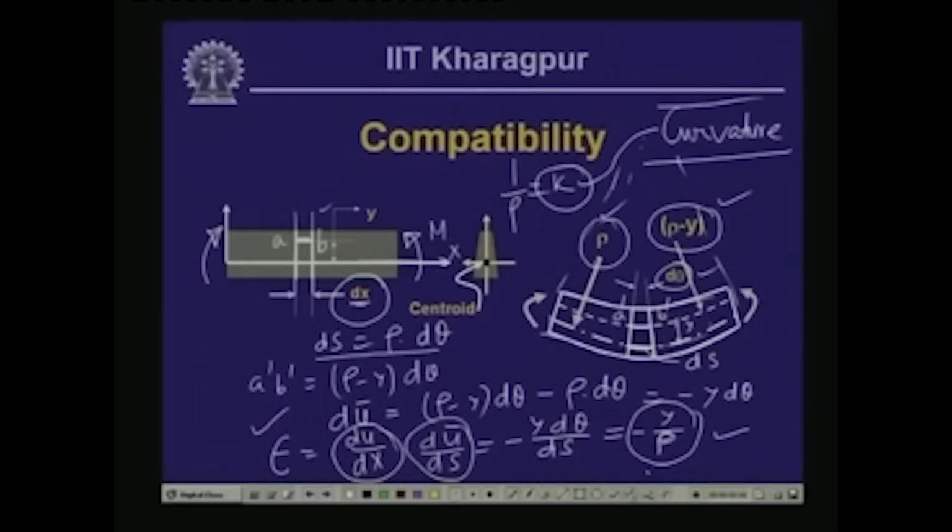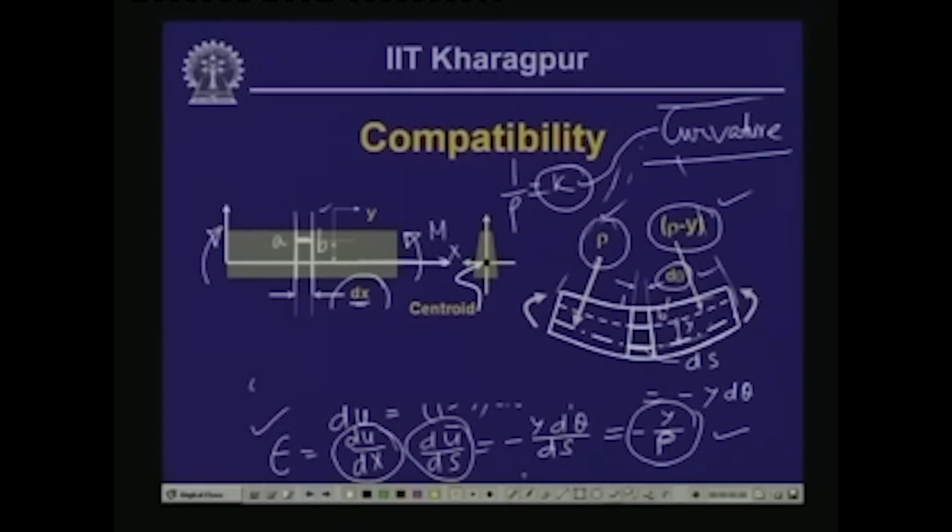Consequently, as we know, the relationship between the stress and strain in terms of the modulus of elasticity, sigma is equal to E times epsilon. This is as per Hooke's law, assuming that we are dealing with beams which are within their elastic limit. So, within elastic limit, stress is proportional to the strain as per Hooke's law.